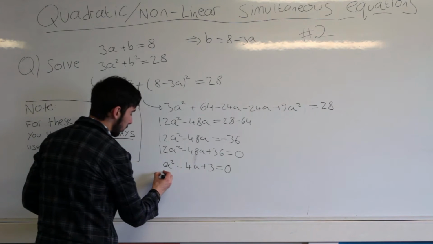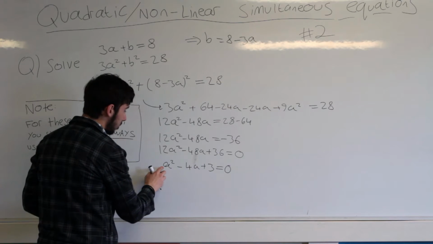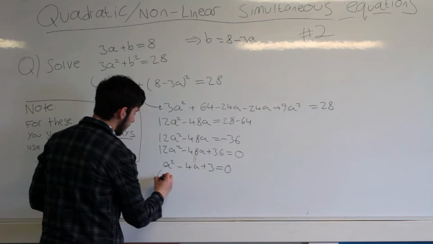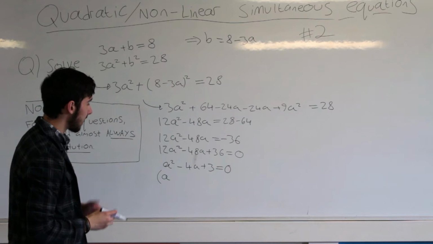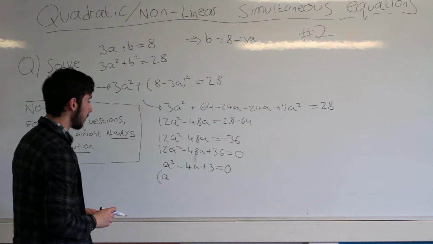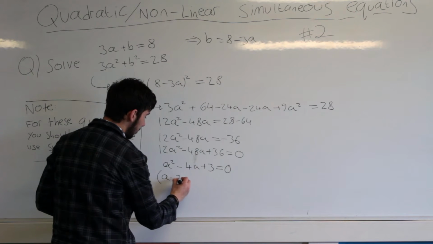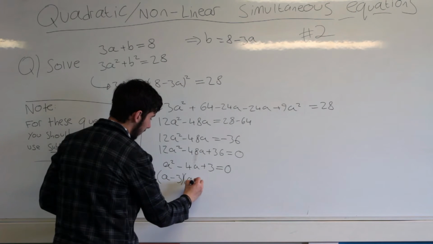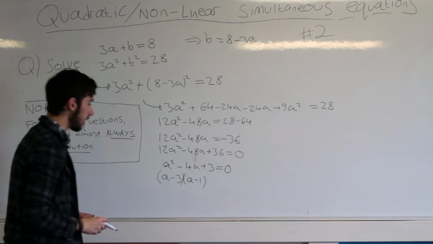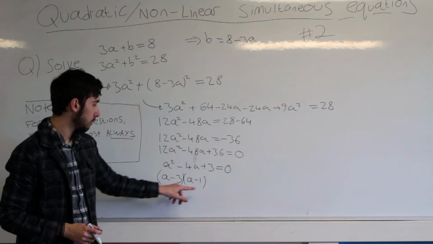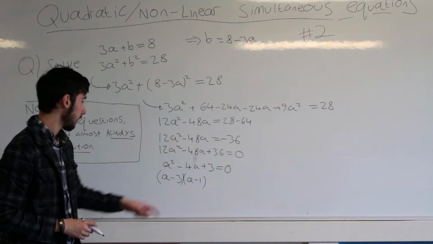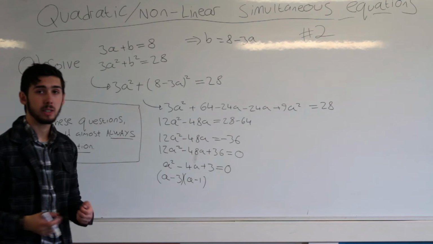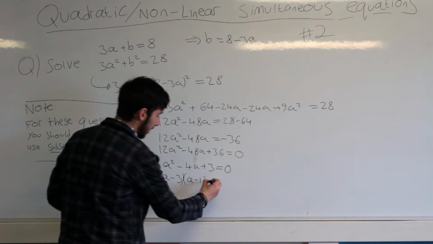And we actually don't need to use the quadratic formula because there is. So the numbers that multiply together to make positive 3 and add together to make minus 4 are going to be minus 3 and minus 1, yeah? Because minus 3 plus minus 1 is minus 4, and minus 3 times minus 1 is positive 3.